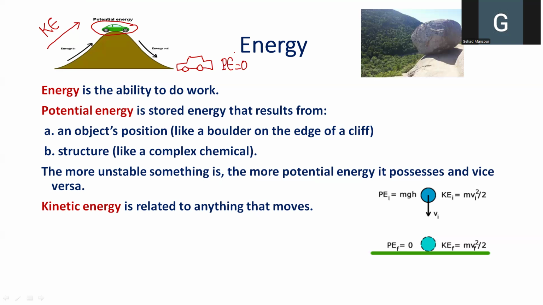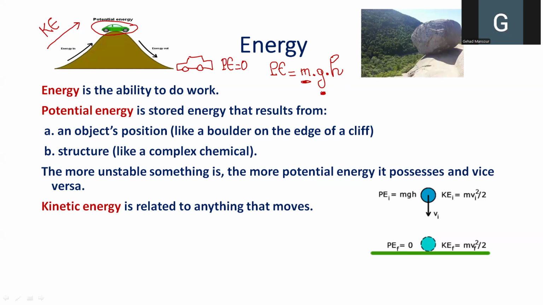But whenever you have an object that is above the level of the ground, it will store inside it a potential energy. How much is that potential energy? The formula for the potential energy is mass multiplied by gravity multiplied by the height above the level of the ground. M is the mass of the car.